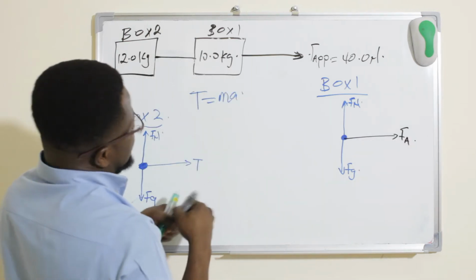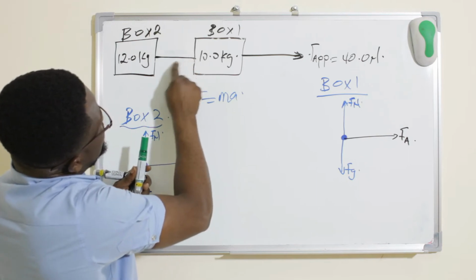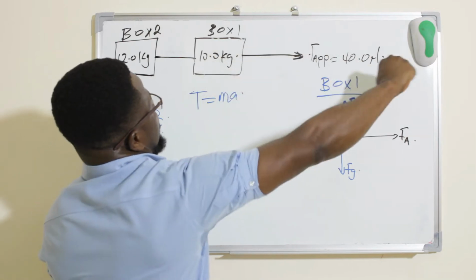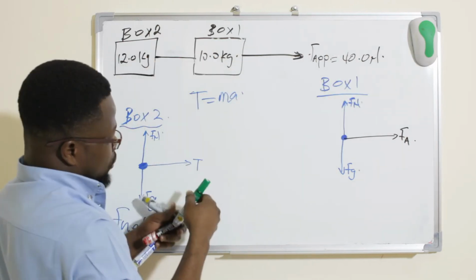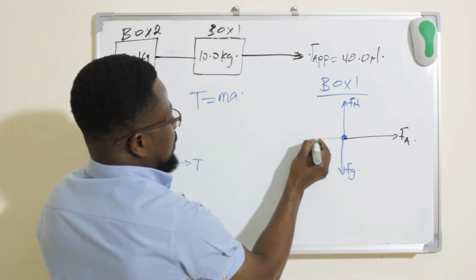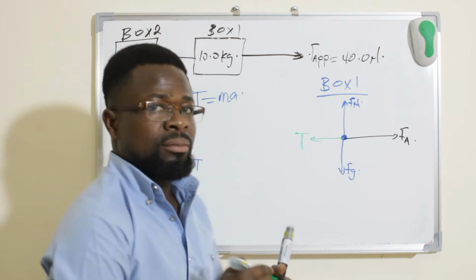Now we can see that there is another part of this cord that is also holding this box. So if the applied force is pulling it forward, that will be pulling it backward. So we will have that tension there in the backward direction.